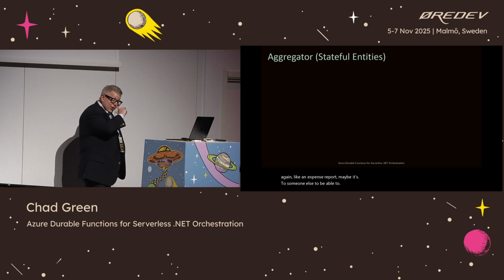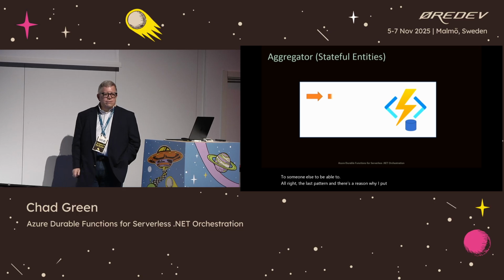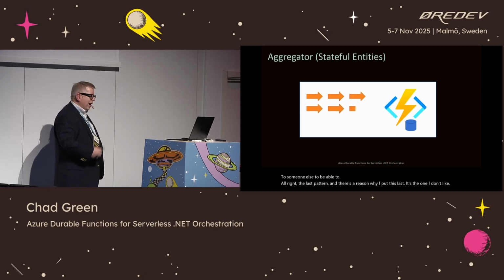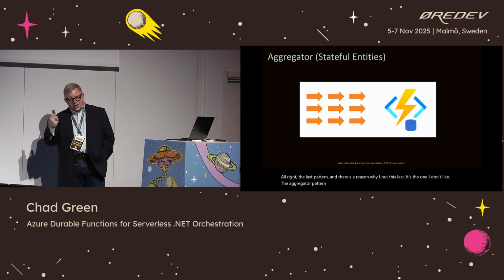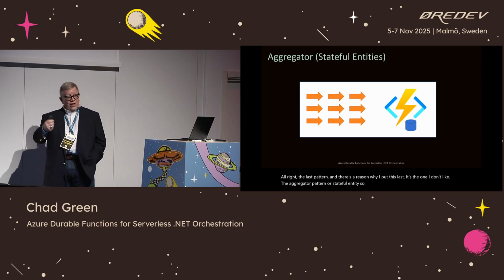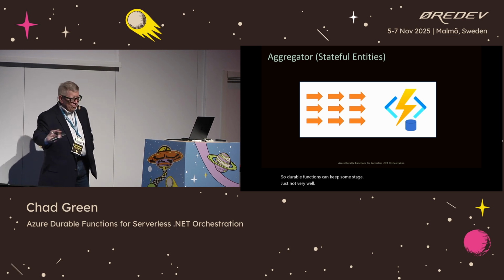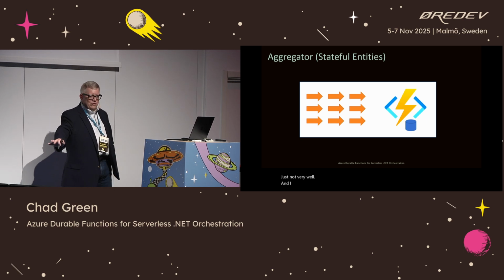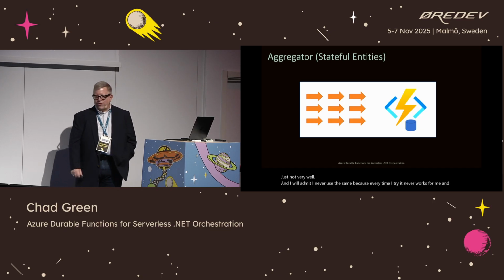All right, the last pattern, and there's a reason I put this last. It's the one I don't like. The aggregator pattern, or stateful entity. Durable functions can keep some state, just not very well. I will admit I never use this, because every time I try, it never works for me, and I just do other methods.